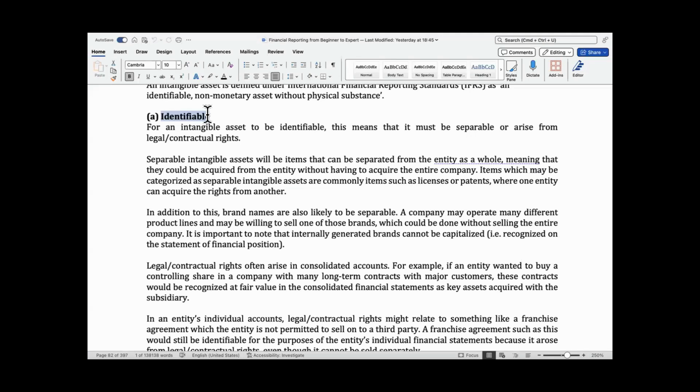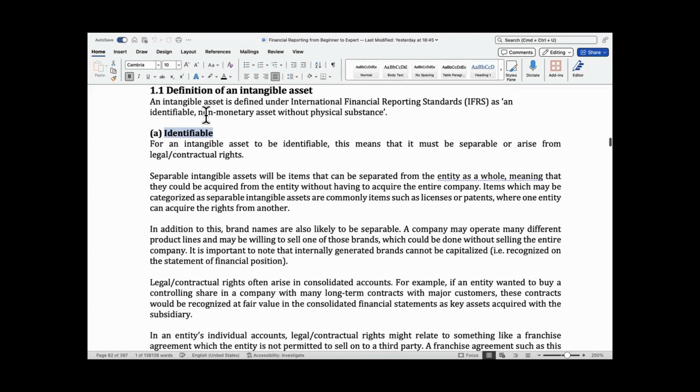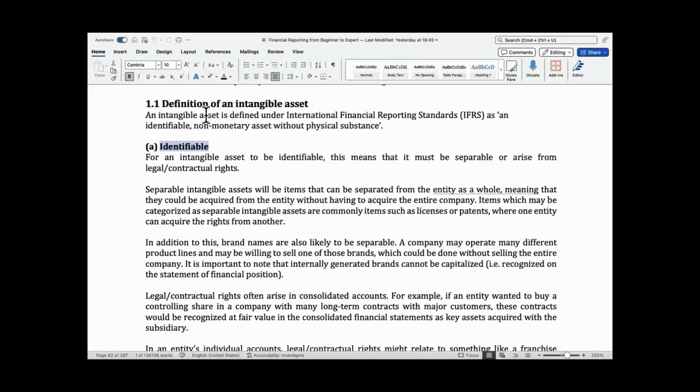Or in the consolidated accounts, you find intangible assets that are measured at fair value, like long-term contracts, like brand names. These are intangible assets that arise from legal or contractual rights. That is identifiable. So for us to say an item is an intangible asset, it must be identifiable.